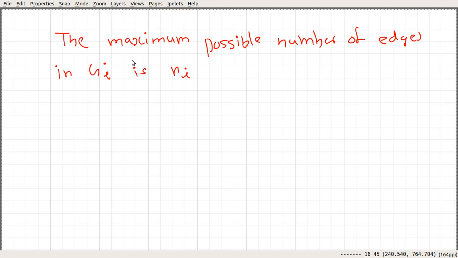Okay, and if Gi has ni vertices, the maximum possible number of edges in Gi is ni into ni minus 1 divided by 2, since we are dealing with a simple graph, so there won't be any parallel edges or loops. So the maximum possible number of edges in Gi is ni into ni minus 1 divided by 2.